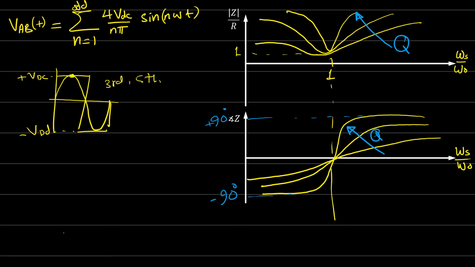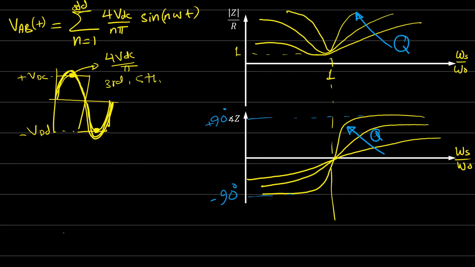Now, what is the amplitude of this sine wave, the first harmonic? It's not VDC. VDC is for the square wave, but the first harmonic is equal to how much? 4 VDC over pi. So this sine wave is usually a bit larger than the square wave, the first harmonic, which is 4 over 3.14, right?